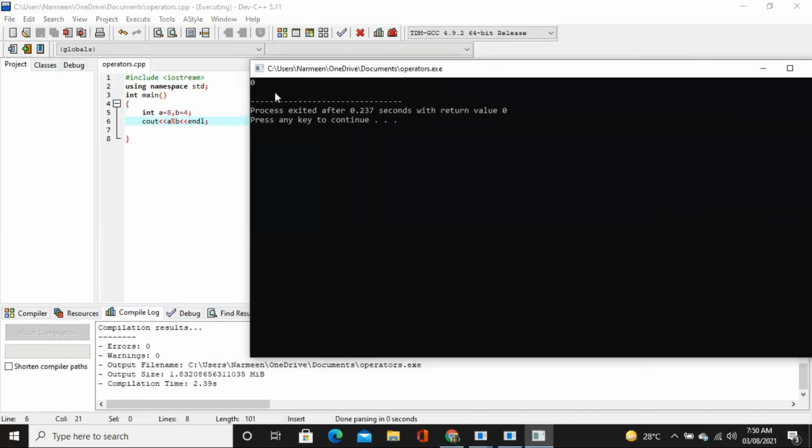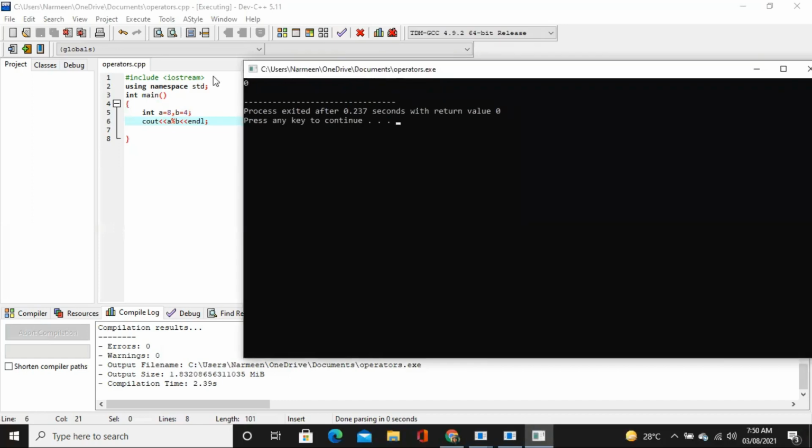What the modulus operator does is it gives you the remainder of a division. If you divided 8 by 4, you'd see that 4 2s are 8, and the remainder would be 0. So the modulus operator is giving you the remainder of the division between the two operands that you fed into the expression.